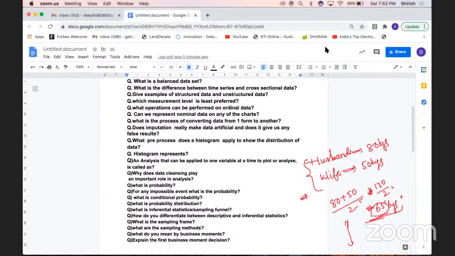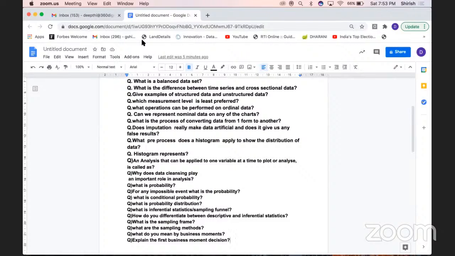Anyway, I have taken the concept of mean. Then I would like to ask you, which data point differs significantly from other observations? What is that data point called? Any data point that differs, let me put it on the paper.